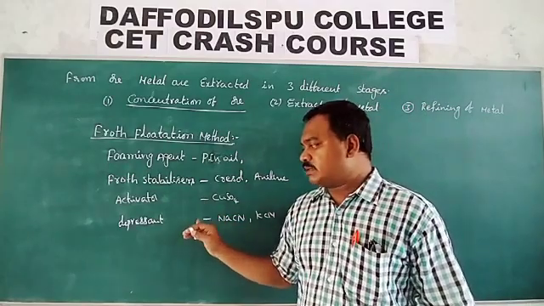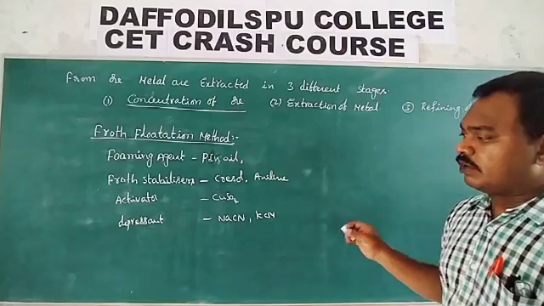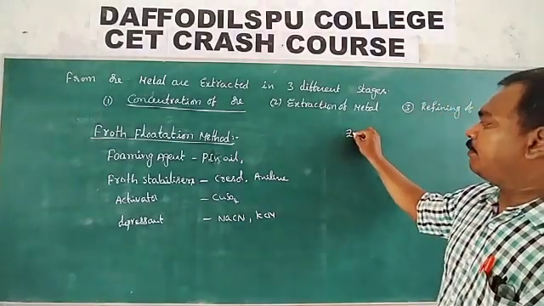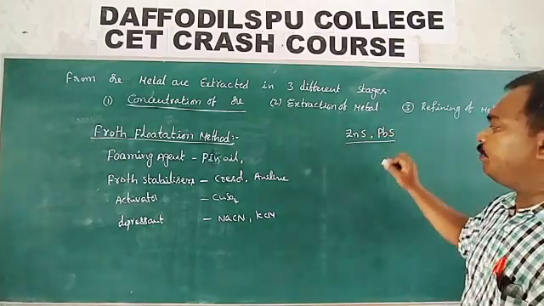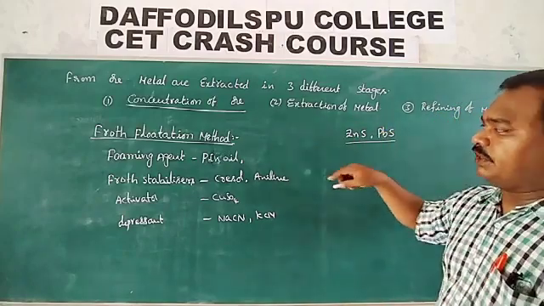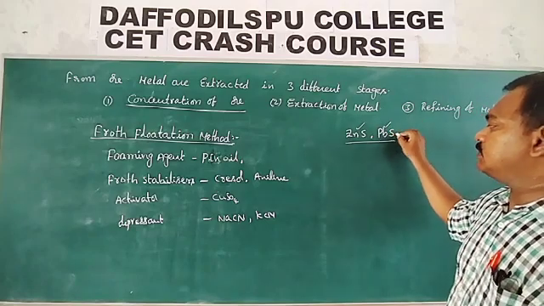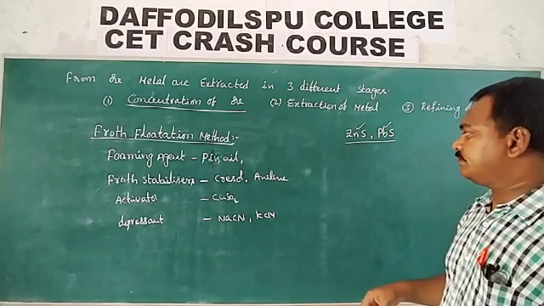If the ore contains more than one type of compound, generally what happens is, in zinc sulfide, lead sulfide is also present as an impurity. If we use this froth flotation process, both zinc sulfide and lead sulfide come into the purified ore.